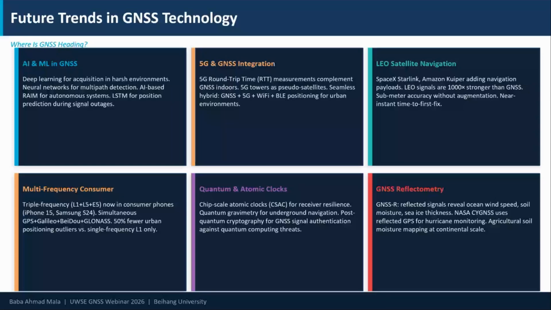Integration with other technologies. GNSS could be integrated with 5G. When you look at the research papers, this is currently what is mostly going on: integration of 5G and GNSS. Perhaps the most exciting is low Earth orbit satellite navigation.